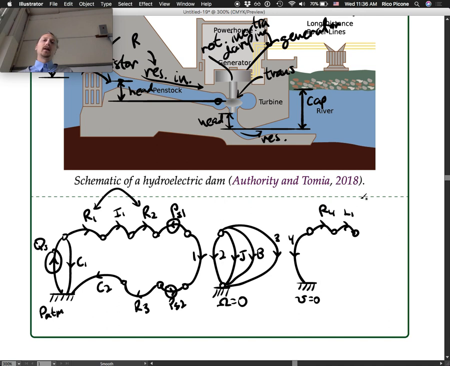And then typically, if it was a DC motor, we would have the voltage source, right? But we're not going to have a voltage source. We're going to have instead some sort of a load, right? This is the payoff right here. We're going to flow water through, and we're going to have energy flowing this way, right? From the fluid system, through the mechanical system, to the electrical system. And now the question is, what are you going to do with this stuff?